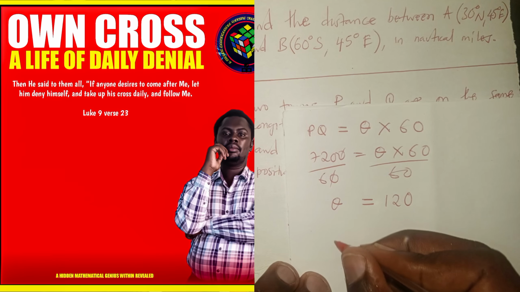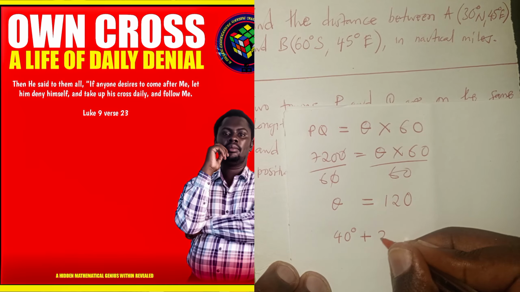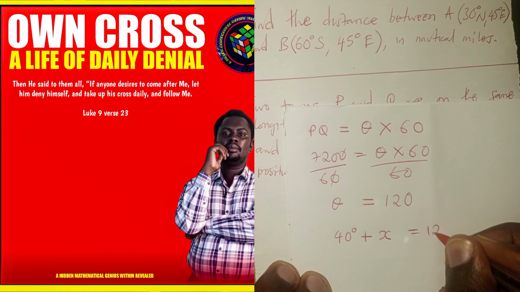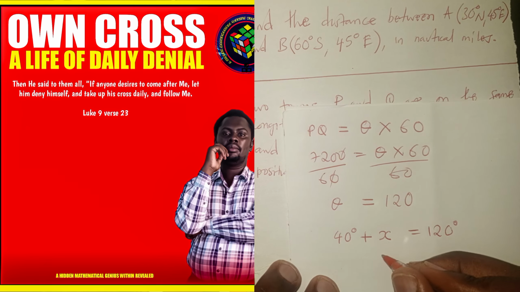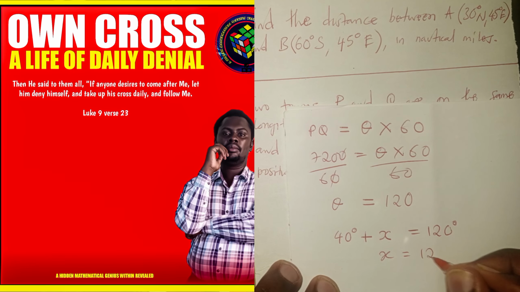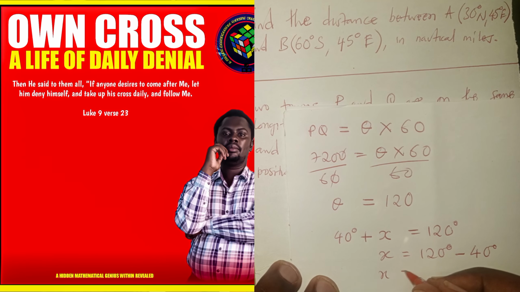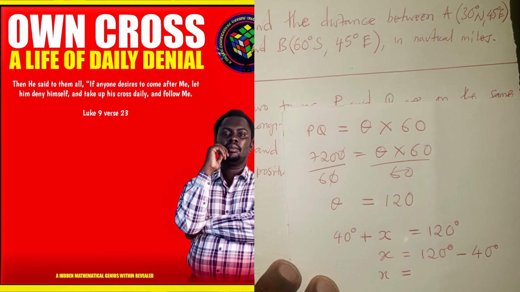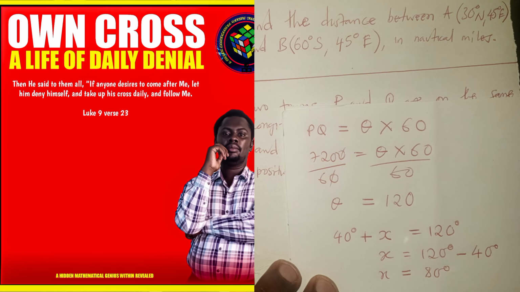So we have 60 degrees plus the unknown x is equal to 120 degrees. To remain with x, the 60 goes to the other side: x is equal to 120 degrees minus 60 degrees. What is 120 minus 60? We get 60 degrees.